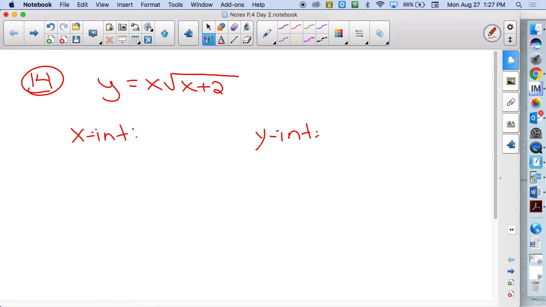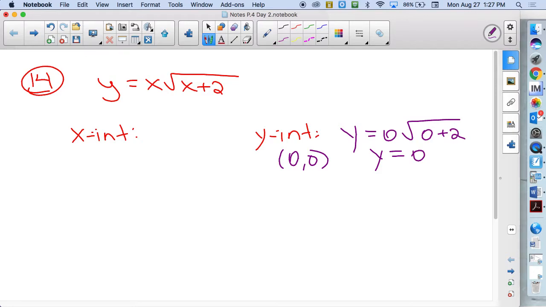So kind of doing two pieces. So if you're finding the y-intercept, I said Friday, that's the easy one to find when it's already in y equals form, which this is. So for a y-intercept, you take the x, make it 0. Both x's in this case, you make them 0. And Virginia, if you have 0 times the square root of 0 plus 2, your answer is just 0. So the intercept would be 0, 0.